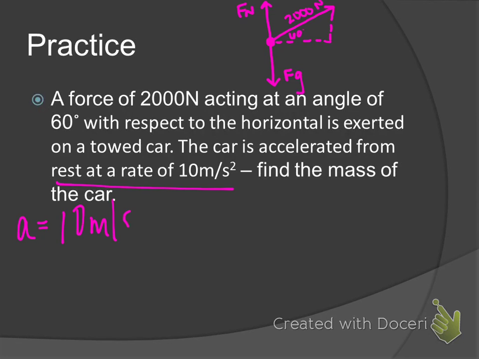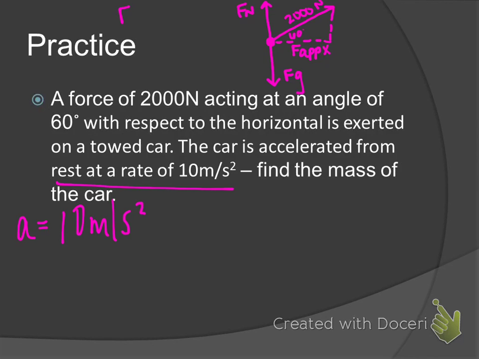Horizontal acceleration. So that means are we concerned with the vertical forces or the horizontal forces? The horizontal forces, that's it. We don't really care about the vertical forces. Okay? Because we have no acceleration in the vertical direction. We don't really care about them at this point. So that means all we need to solve for is the applied x component. We don't even have to solve for y.